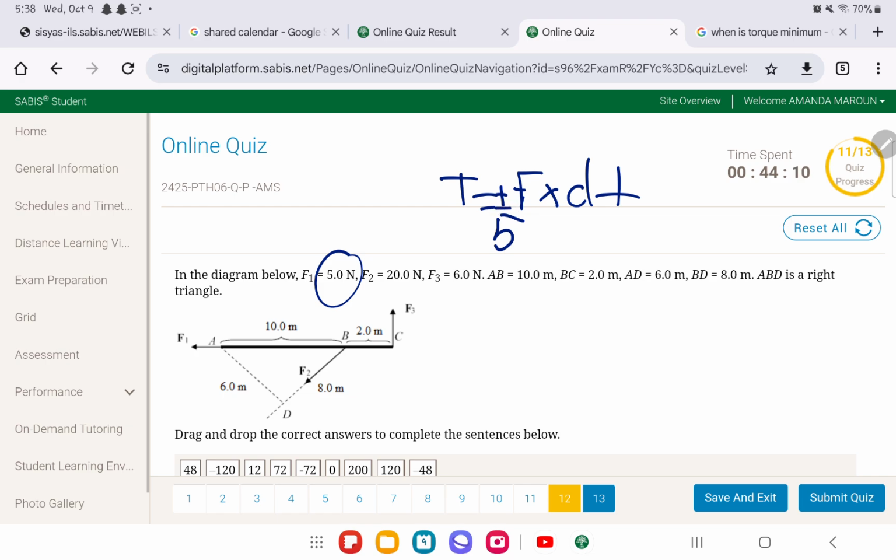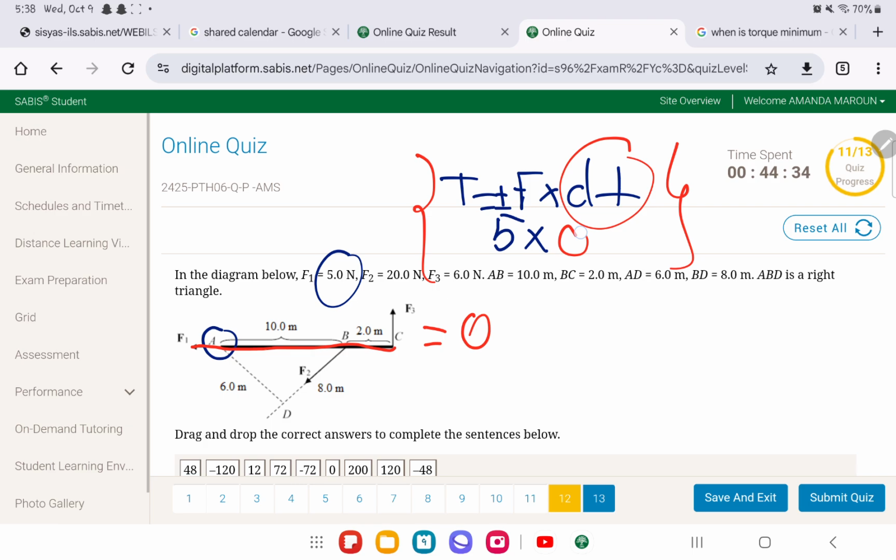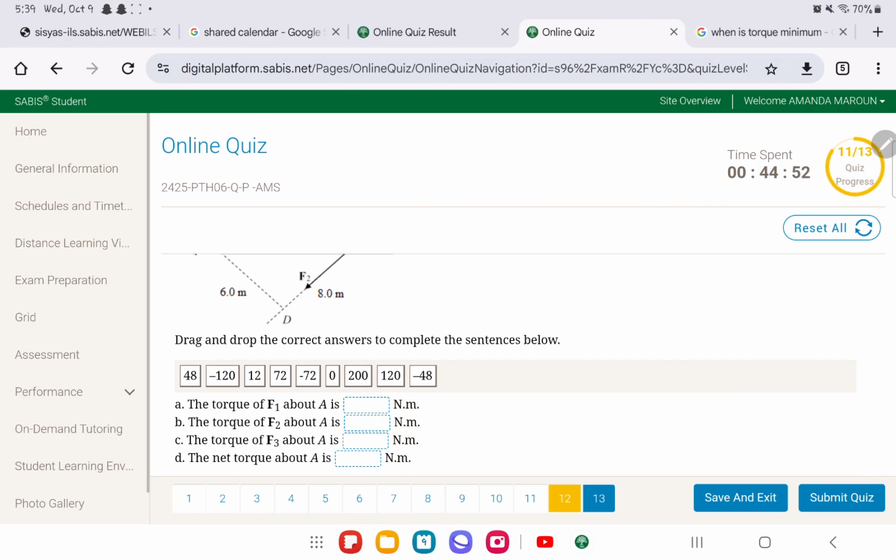Don't forget the plus or minus. 5 times the perpendicular distance about A. So look, F1 to the axis A. If you elongate it, it is going to be 0 because it is passing through our axis. So the perpendicular distance between F1 and A is 0, so you're going to get 0. Or you can know that if it's passing through our axis, then the torque is 0. So the answer for the first one is 0 newtons per meter.